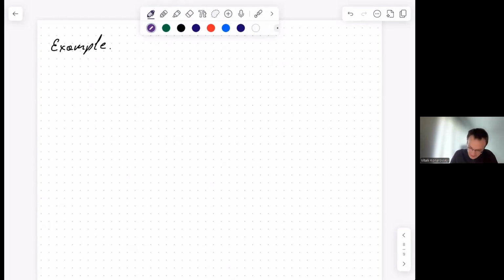Now I want to consider the space of continuous functions, which I denote C_0[0,T].